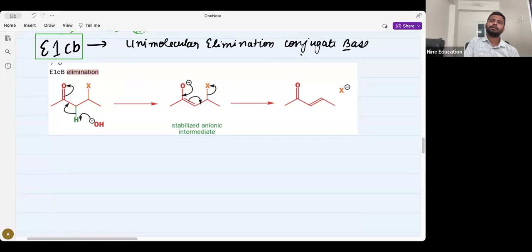This CB stands for conjugate base. Unimolecular elimination conjugate base, E1CB. है ना?